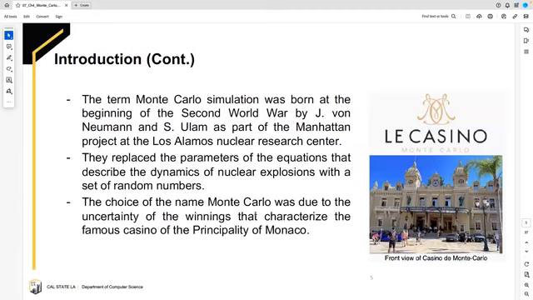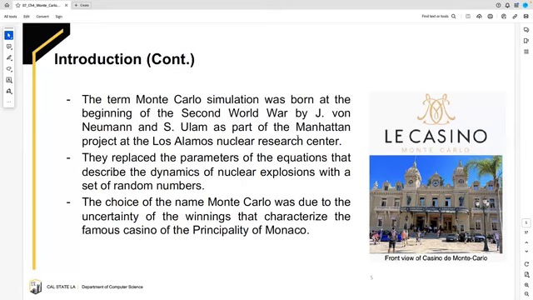You might be wondering where the name Monte Carlo is coming from. In World War II, there were two scientists who were part of the Manhattan Project at the Los Alamos Nuclear Research Center. They replaced the parameters of the equation that describe the dynamics of nuclear explosions with a set of random numbers. It's a very sensitive and complex problem, yet using random numbers was very helpful.